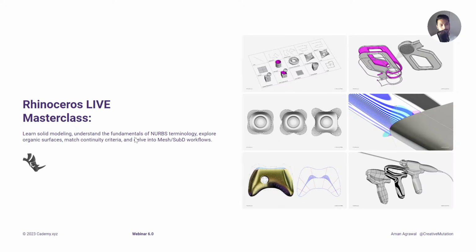In Rhino Masterclass, you will be learning how to solid model, fundamentals of NURBS terminology, explore surfaces, how to match continuity, degrees, weight, spans of curves and surfaces, mesh and subd workflow. So you will have a good overview of all the different things that you can do in Rhino, and at the same time develop a solid foundation about NURBS, mesh and subd geometries.